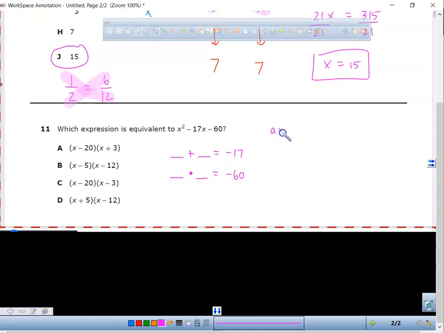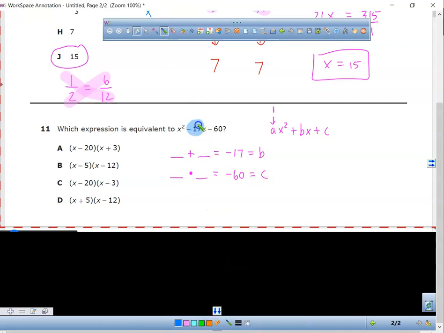Now this only works if you have a quadratic equation and your a value is equal to what number? What does your a value have to equal? The number 1. All right. So these two numbers will add up to the b value, and those two numbers will multiply together to equal the c value. Now I'll highlight that so you know, like a, b, and c.